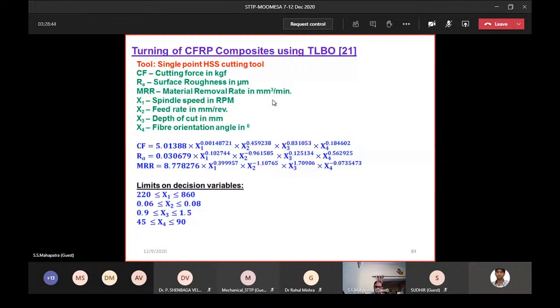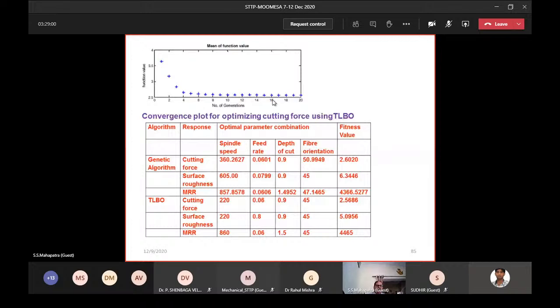Now, these equations have been developed based on the experimental design and empirical models. Then you look at the comparison between the genetic algorithm and teaching learning based algorithm.